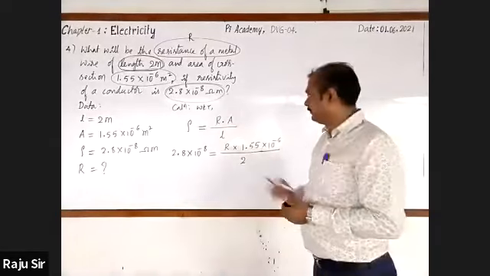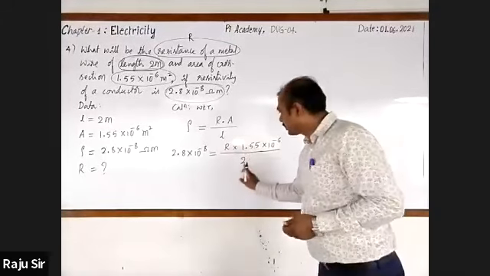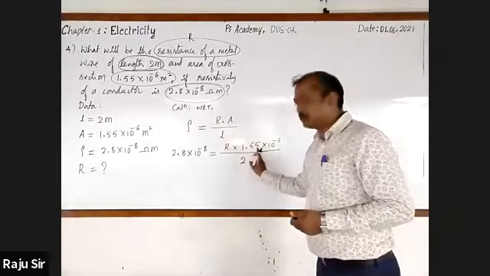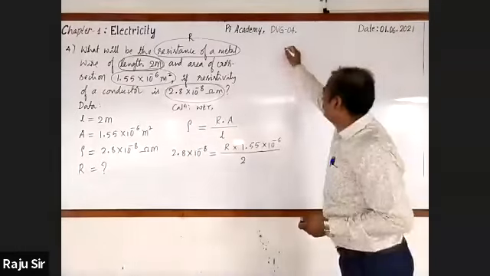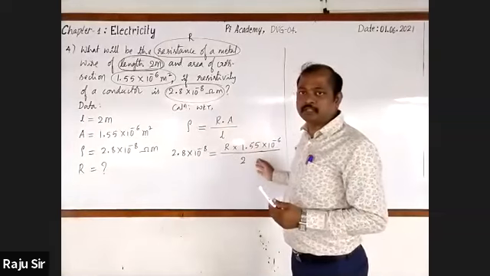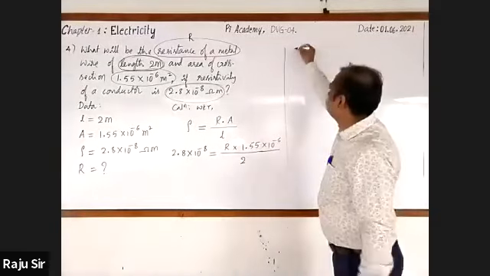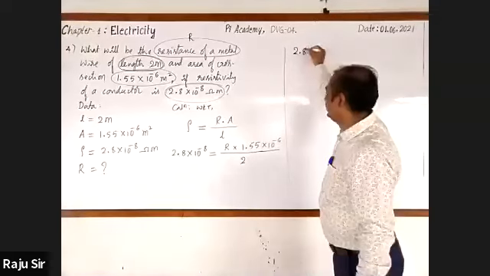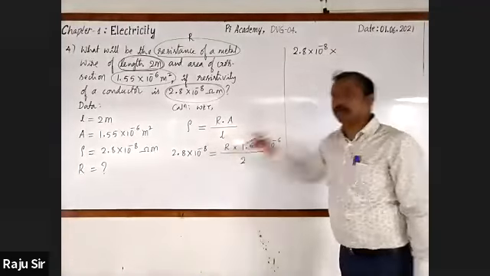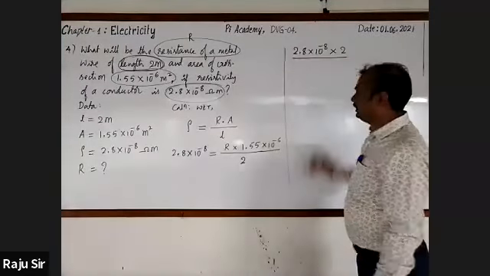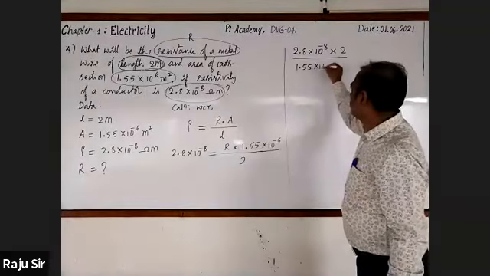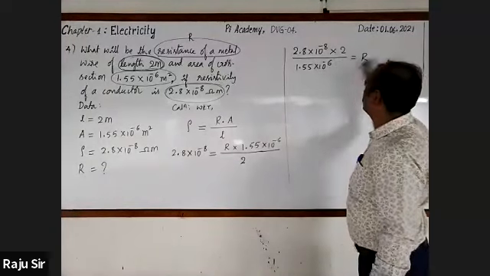Let's go for finding R. Cross multiply 2 to the left hand side and transpose this value to the denominator. Calculation is important because the terms are given in scientific notation. Here I'll write 2.8 into 10 raised to the power minus 8 into 2 divided by 1.55 into 10 raised to the power minus 6, which is equal to R.